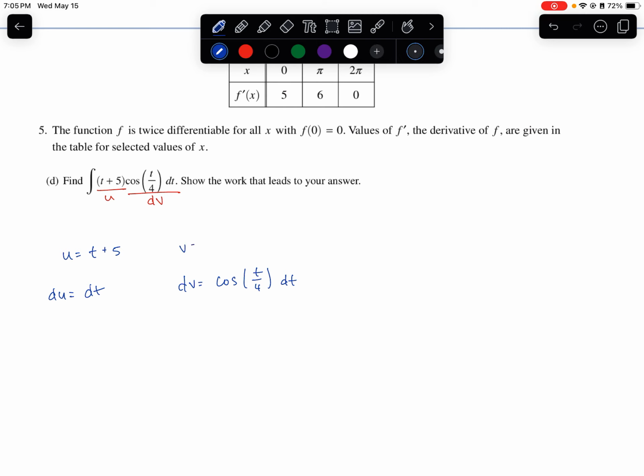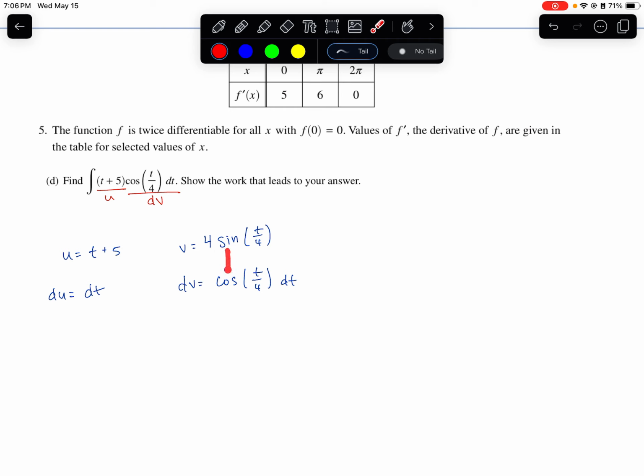And then v will be equal to sine of t over 4 times 4 because of the chain rule. Again, you can differentiate this just to make sure that you get the same thing.